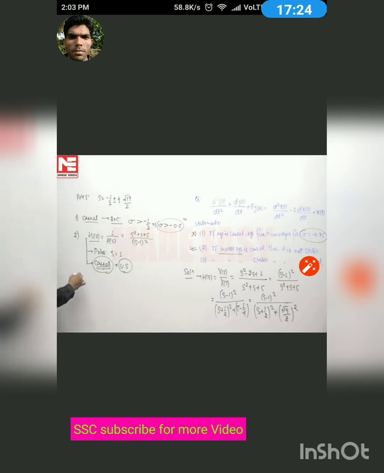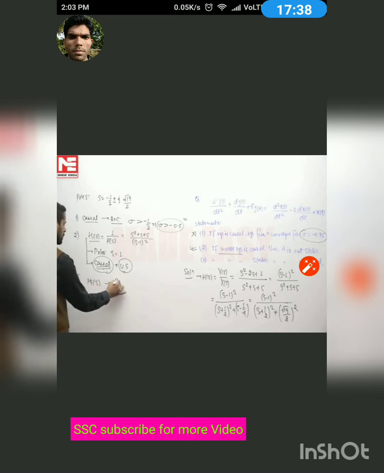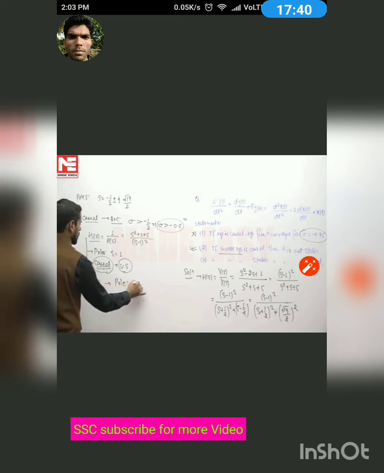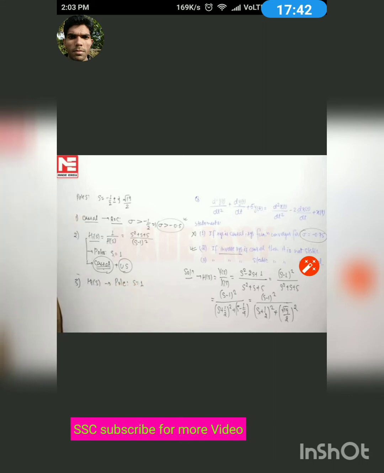Now statement 3. We have already obtained the inverse system transfer function. For the inverse system HIS, the pole location is s equals 1. And statement 3 is saying that HIS is stable.